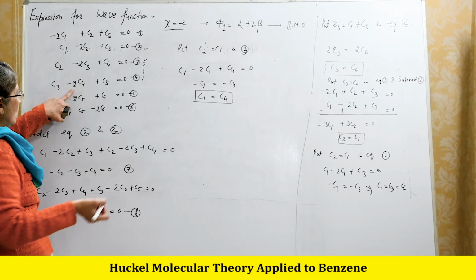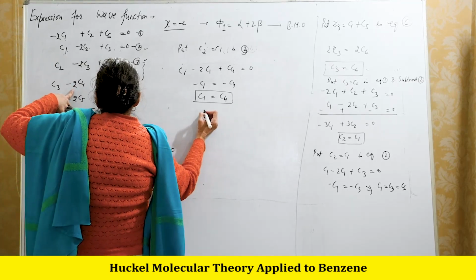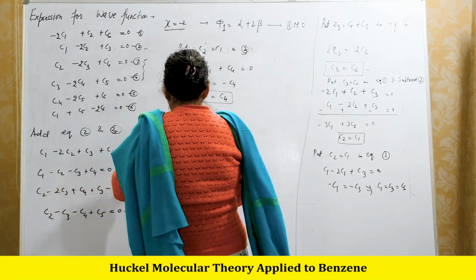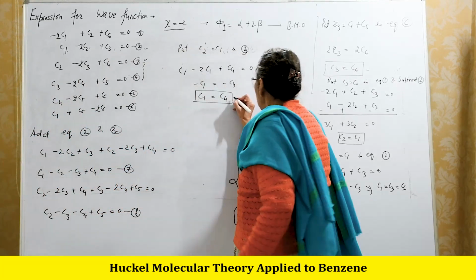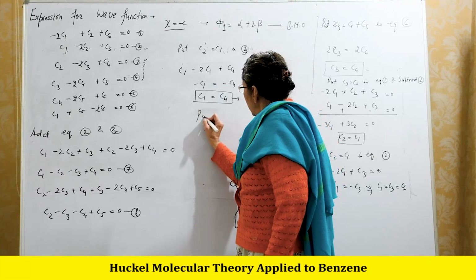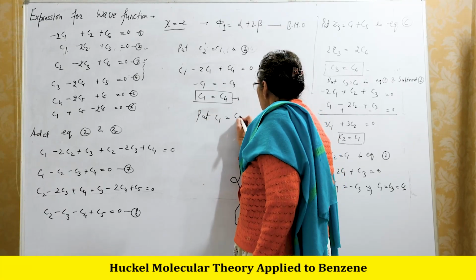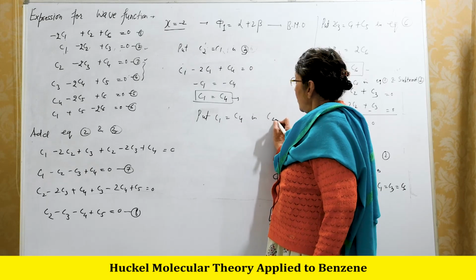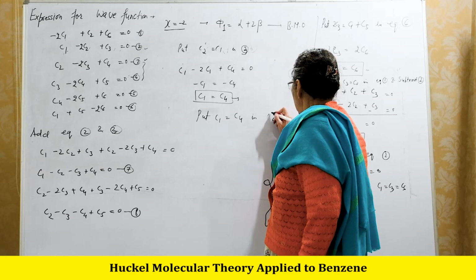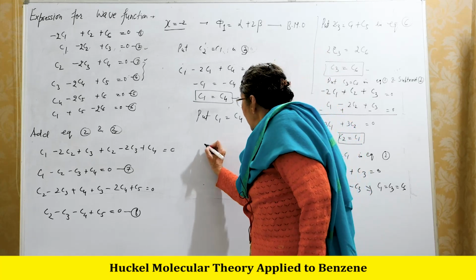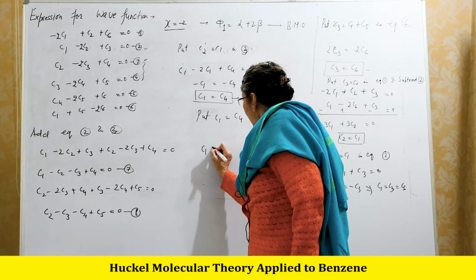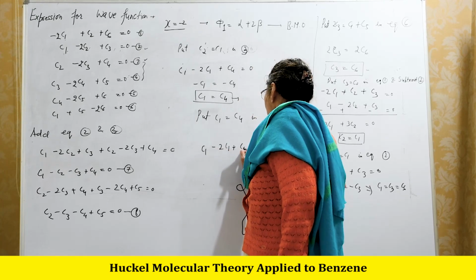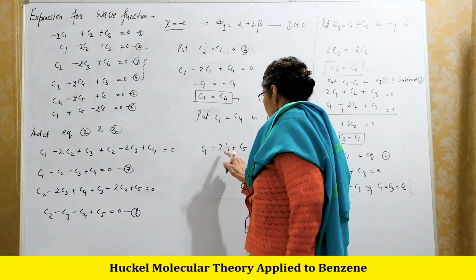Now put C1 is equal to C4 in equation number 4. So we get C1 minus 2C1 plus C5 is equal to 0.